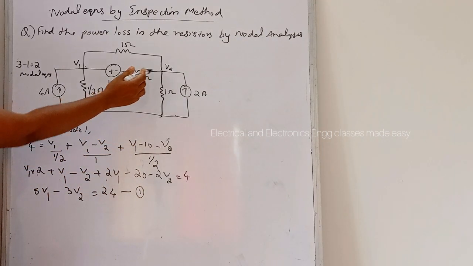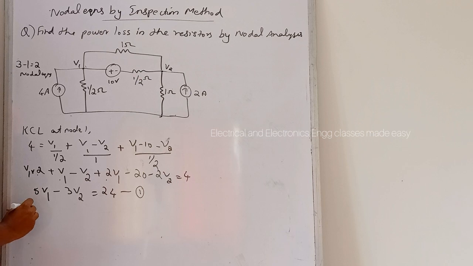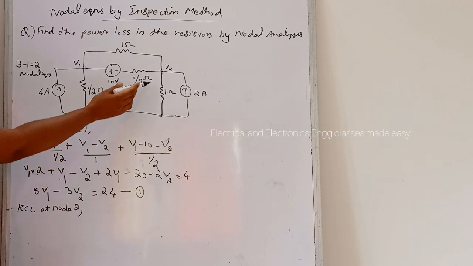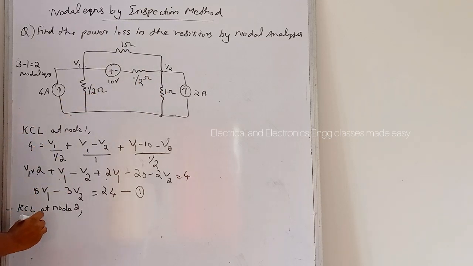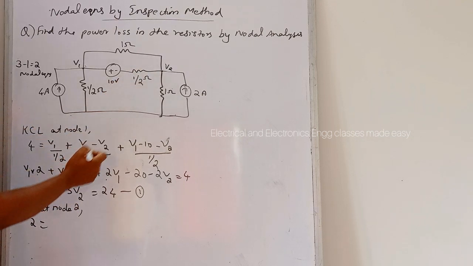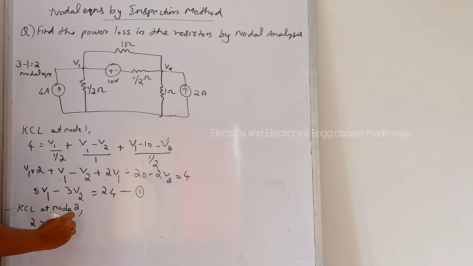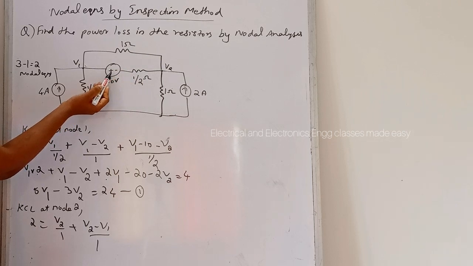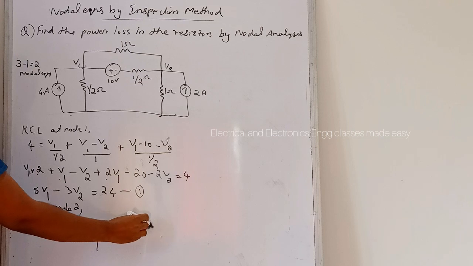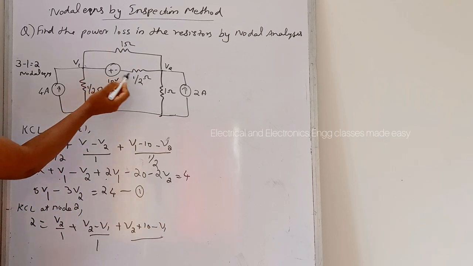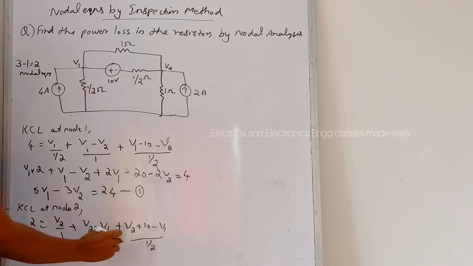Now applying KCL at node 2. We get this 2 ampere flowing towards this node. So we can write 2 equal to V2 divided by 1, plus (V2 minus V1) divided by 1, plus, here this is minus 2 plus, so (V2 plus 10 minus V1) divided by 1/2.